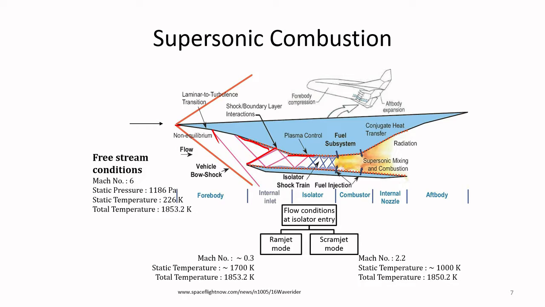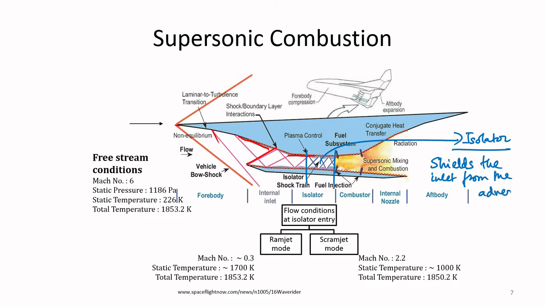So to prevent that, you design a constant cross section duct called the isolator, the purpose of which is to contain the shock train and to shield the inlet from the adverse effects of pressure rise in the combustor. Okay.